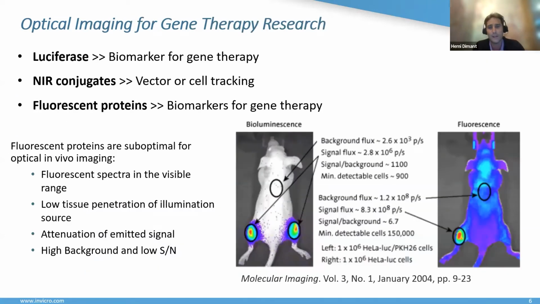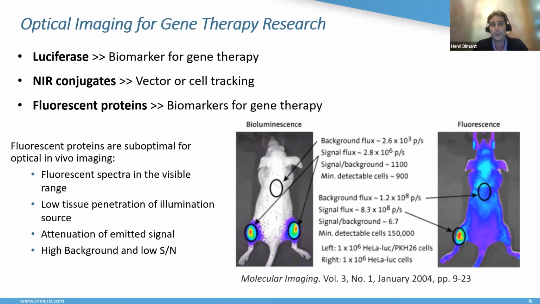If you look at common biomarkers for gene therapy, luciferase is a very common one, where you would introduce luciferase and be able to screen and see where you're seeing transduction of your protein. For vector and cell tracking, NIR conjugates are also widely used, where you would ideally conjugate an NIR fluorophore to track the vector or the cells.